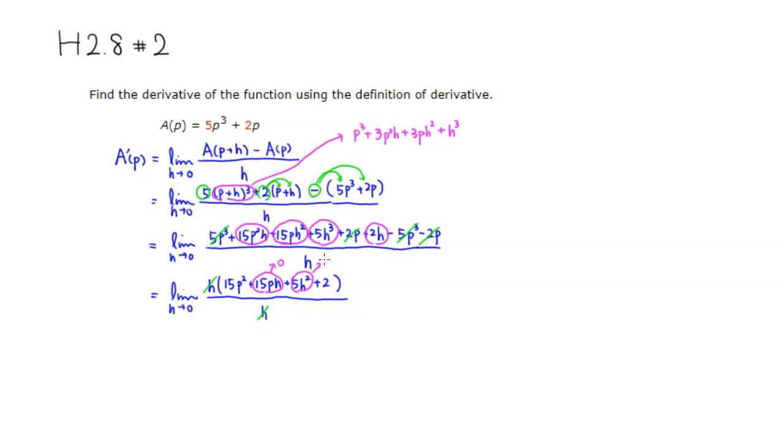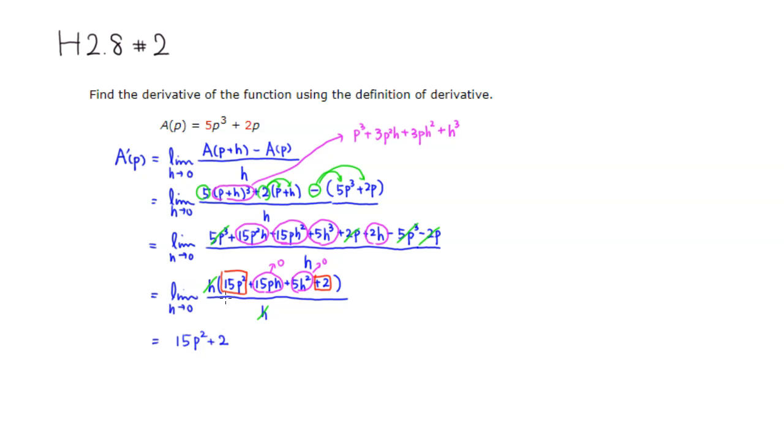So those two terms will go away. What's left is only two terms: 15p squared plus 2.